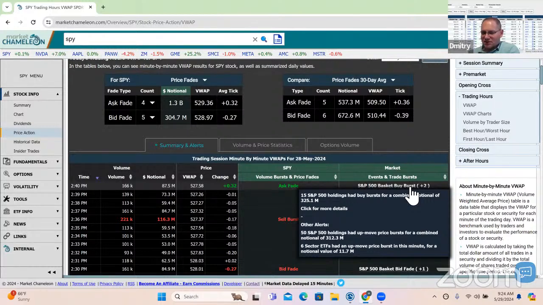SPY would be pegged to what's going on with their components and sectors. So I think I'm going to stop there just to introduce the fades, because we usually talk about the volume bursts, but these are what the fades would look like.